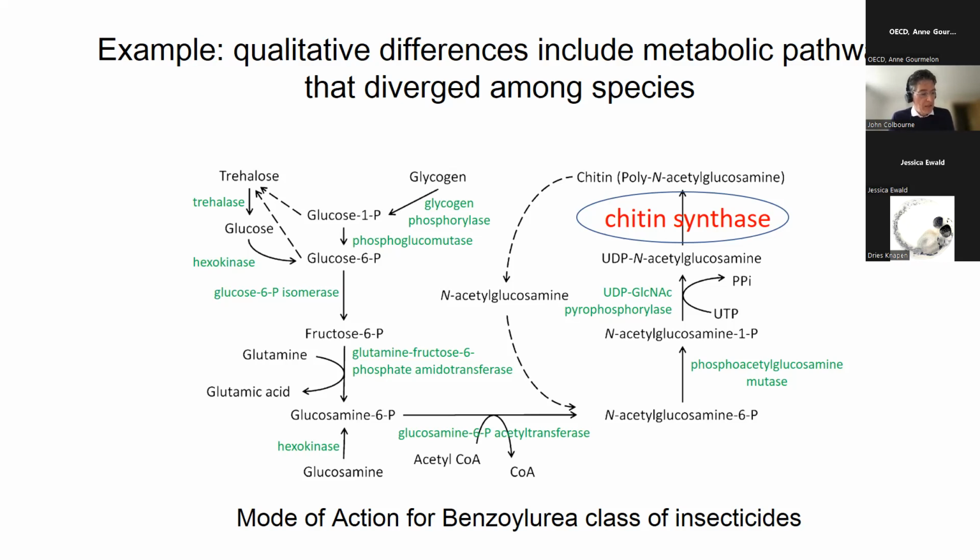But Jamie's search in the scientific literature revealed most recent experimental results, obtained only since 2016, pointing to chitin synthesis, the synthase, the enzyme that's circled and colored in red here. This has been the primary target of these benzoylurea class of insecticides. And so therefore, this is the mode of action for this class of insecticides. Next slide, please.